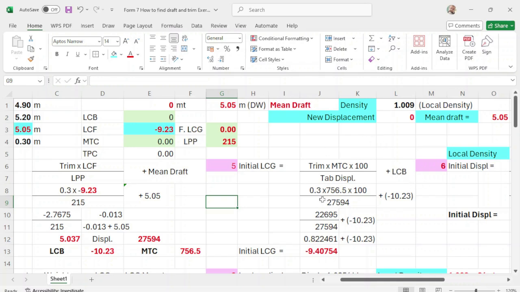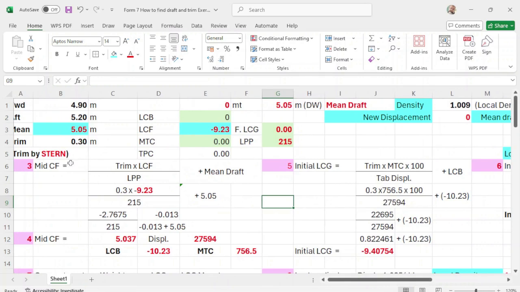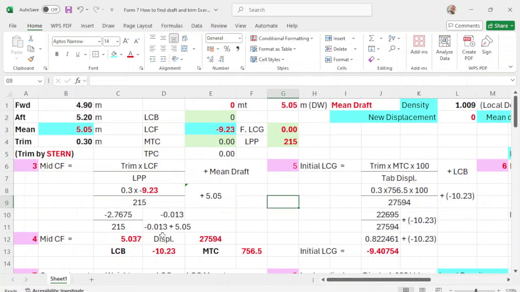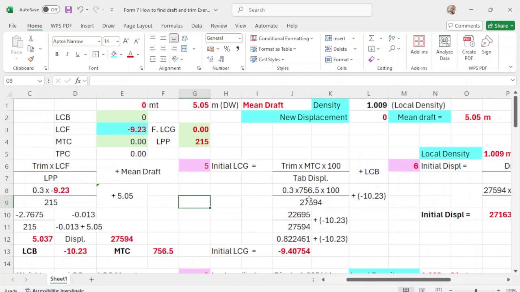Transpose. Your trim is 30 centimeters, times MTC. MTC is 7565, times 100 over your tabulated displacement, which is 27594, plus your LCB. LCB is negative 10.23. So multiply trim times MTC times 100.